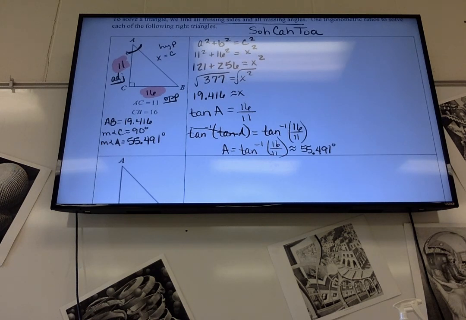How can I find angle B? Subtract 90. Ooh, yeah. We know that angle A and B are complementary, so they have to add up to equal 90, right? Or you could take 90 plus 55.491 and then subtract it from 180. But yeah, just subtract it.